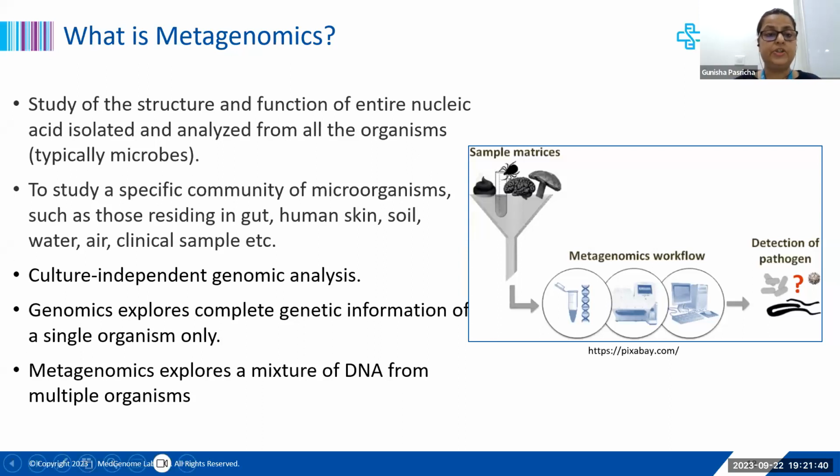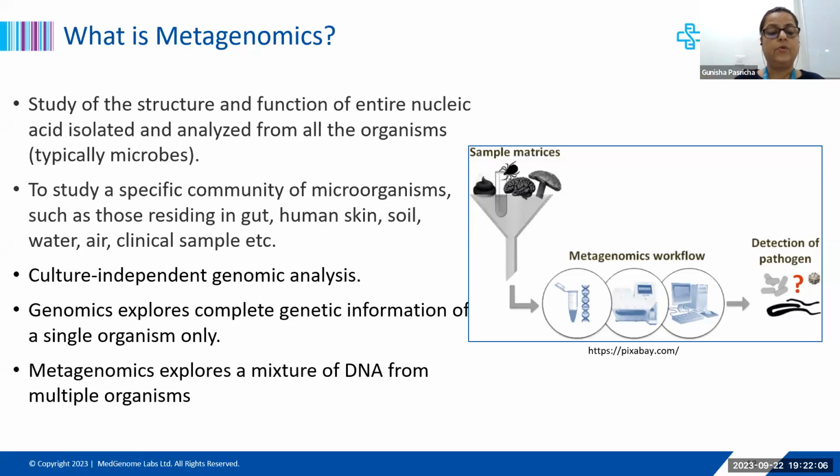So what is the difference between genomics and metagenomics? Genomics explores complete genetic information of a single organism only. But when it comes to metagenomics, it explores a mixture of DNA from multiple organisms in a community. Here we take the example of blood extraction. Total nucleic acid extraction is done, which obviously is a mixture of human DNA because it is from a human.